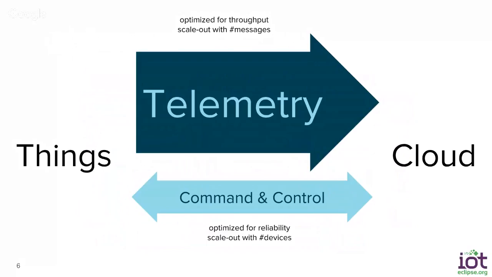So that is a big difference between telemetry and command and control, where you usually do not want to miss out on any message, or you want to make sure that all of the commands that you send to the things actually get there, or are delivered and you get the response.